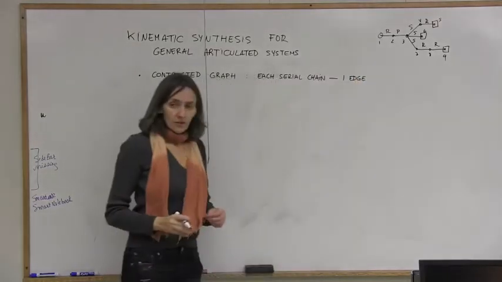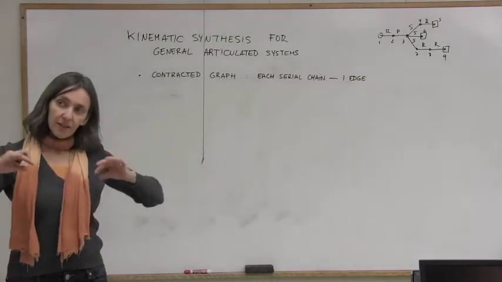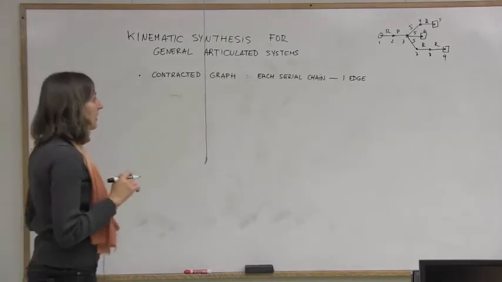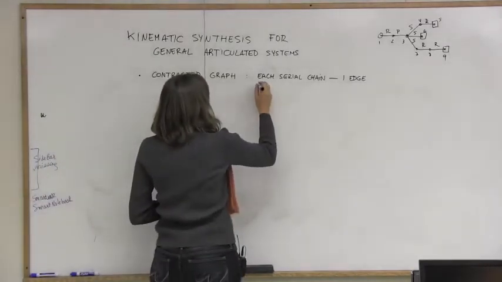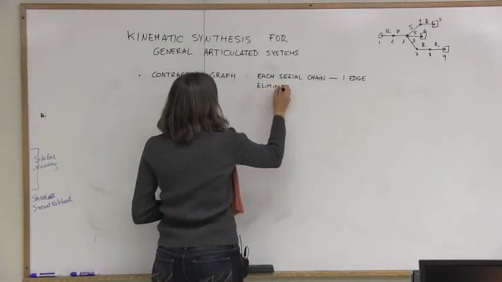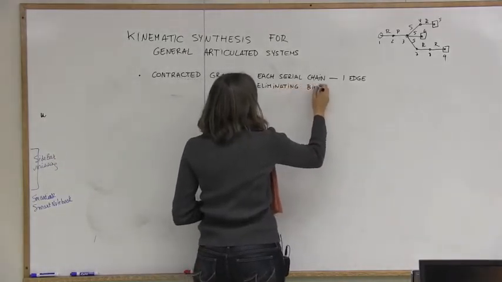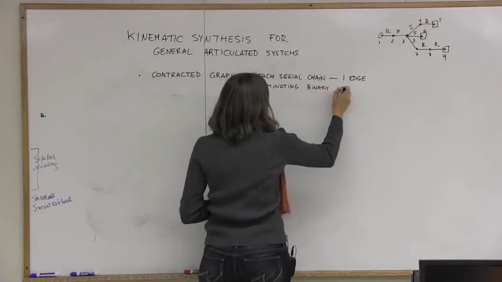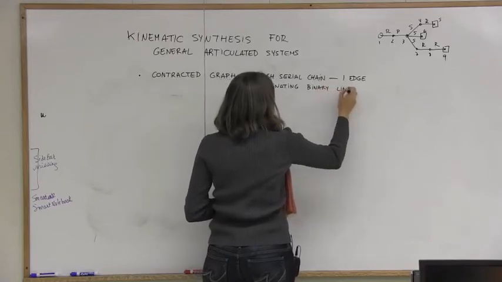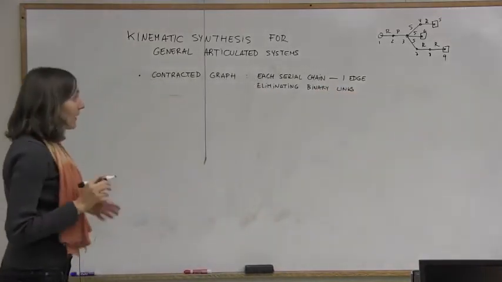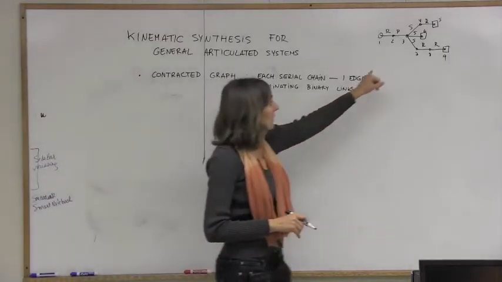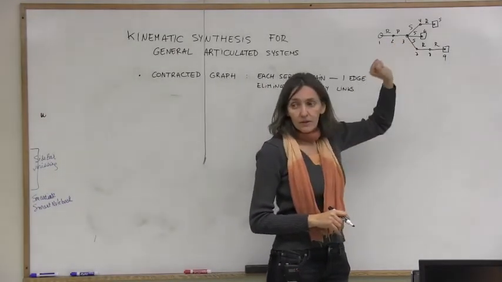Okay? So every segment that is just a serial chain, we will transform that in a single edge. So basically we are eliminating the binary links. Okay? Binary, remember, means that they are connected to two edges only.